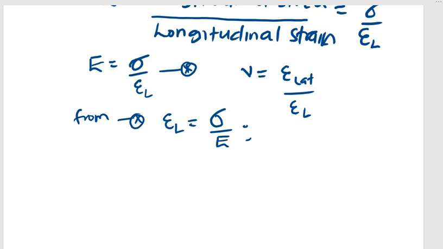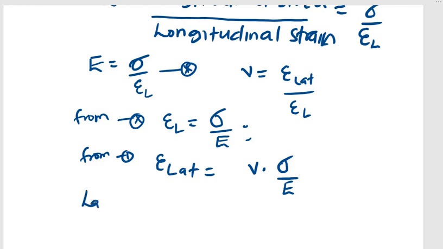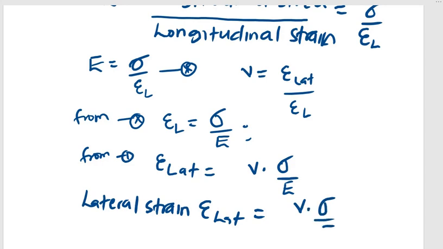And again from equation 1, the lateral strain will therefore equal V times the longitudinal strain, which is given by sigma out of E. Therefore, lateral strain will equal Poisson's ratio times stress divided by modulus of elasticity of a material.